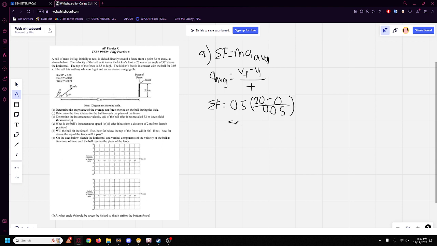And when you plug this into your calculator, you get 200 newtons as the average net force.